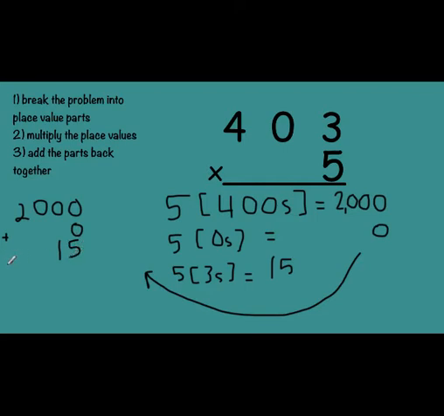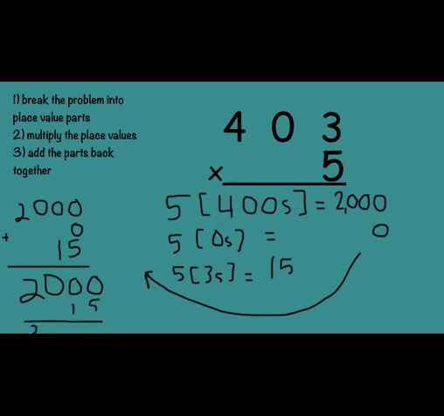So notice how I wrote my 15. All right, so this time I have 2,000. Bring that down, and I actually just end up with 15 at the end too because I didn't have anything. Ooh, that got really big. In my tens, so 2,000 plus 15 at the end of the day is going to be 2,015, and that is going to be your answer to that.